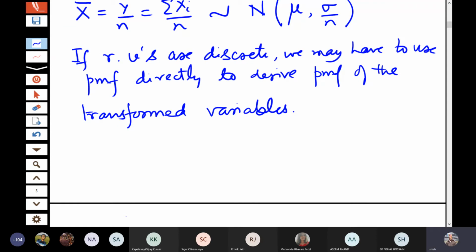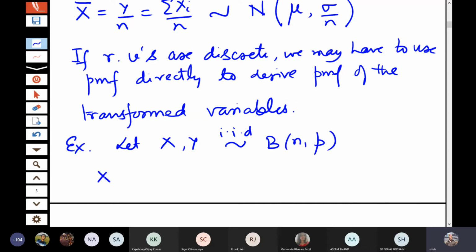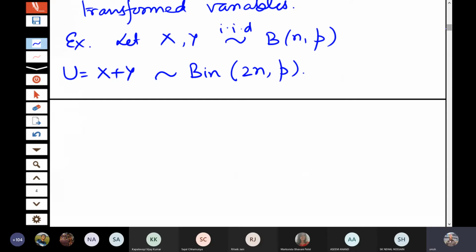So let us take one exercise. Let x, y be independent binomial n, p. So if I ask you what is the distribution of x plus y, you have seen the additive property of the binomial distribution, then it will become binomial 2n, p. Okay, so this is through the MGF approach.